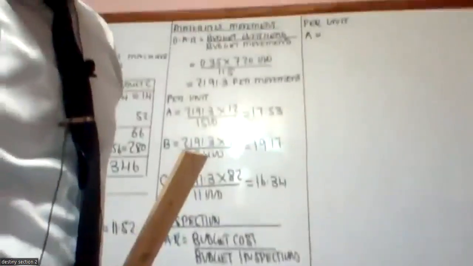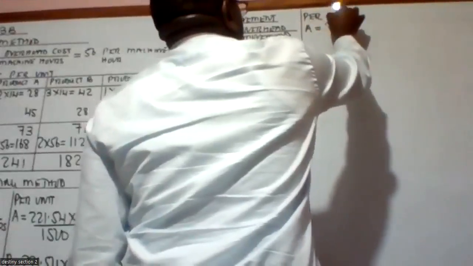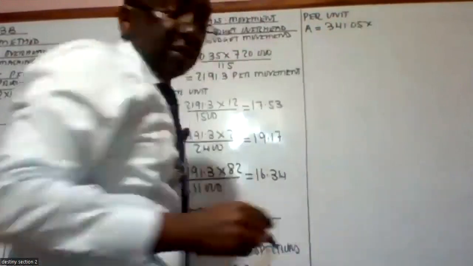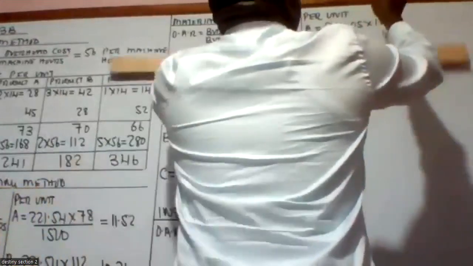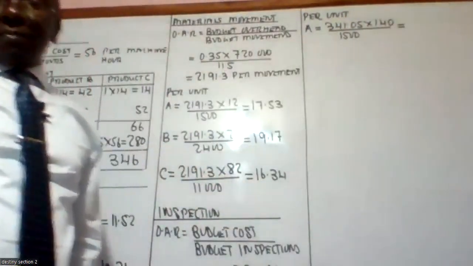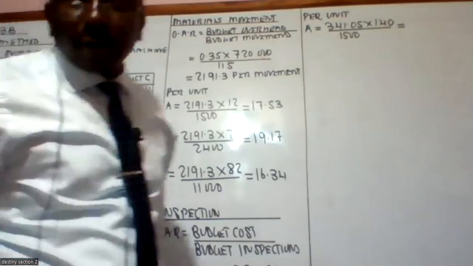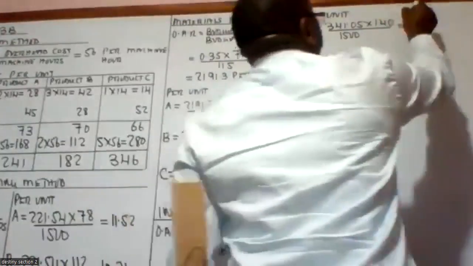Per unit of A, it should be 341.05 times the number of inspections there, which are 140. I divide by 1,500. That is 1.83.